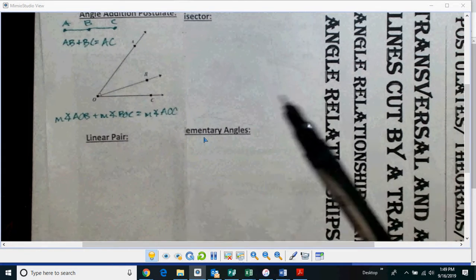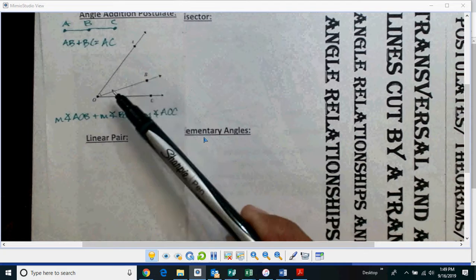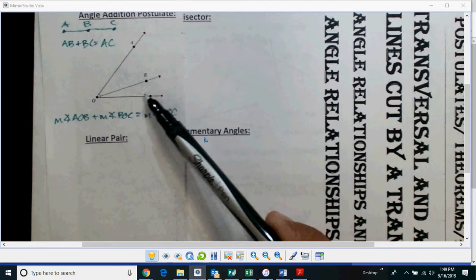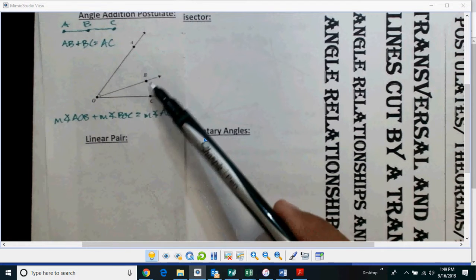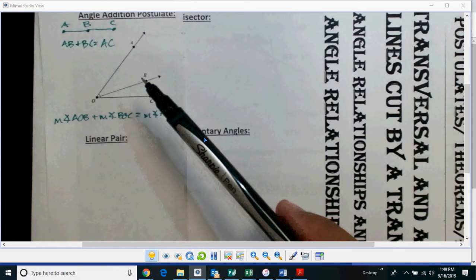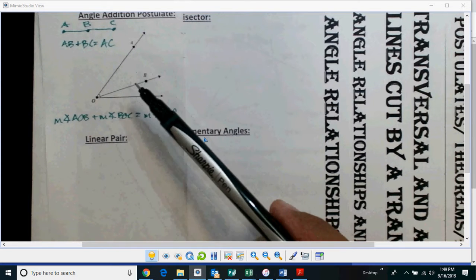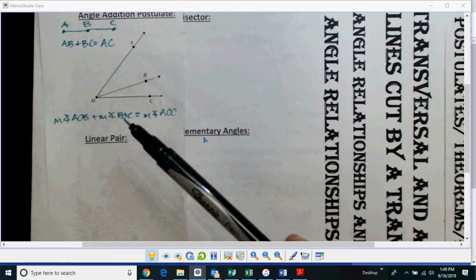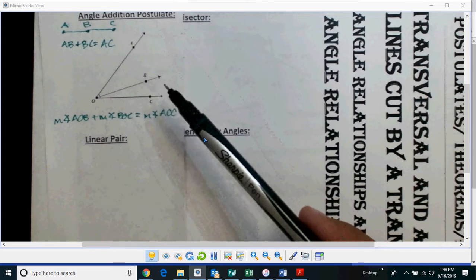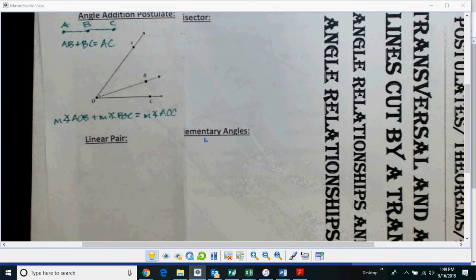All right? So all that's saying is that the angle on top plus the angle on bottom, add those two together and it equals the whole thing. So if AOB were 30 and BOC is 15, what's AOC? 45. You just add them together. So pretty easy, pretty straightforward, right? On we go.